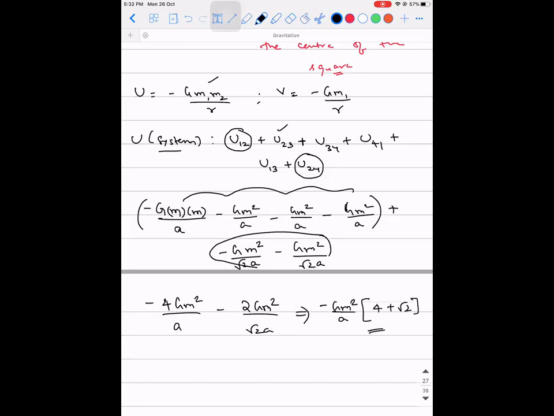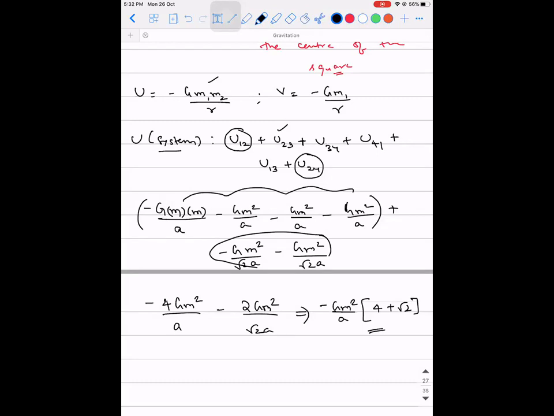So this is the potential energy of the whole system. Is it clear, guys?